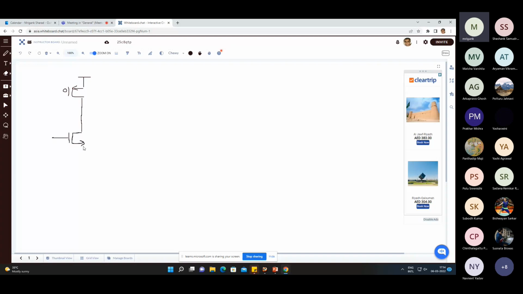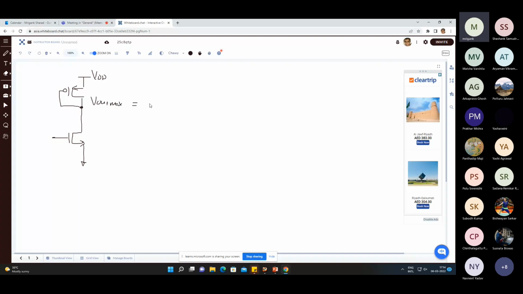We did not discuss the condition for maximum symmetric swing. When you are looking at the diode connected amplifier, or basically the common source amplifier with diode connected load, we said that Vout max is going to be how much?